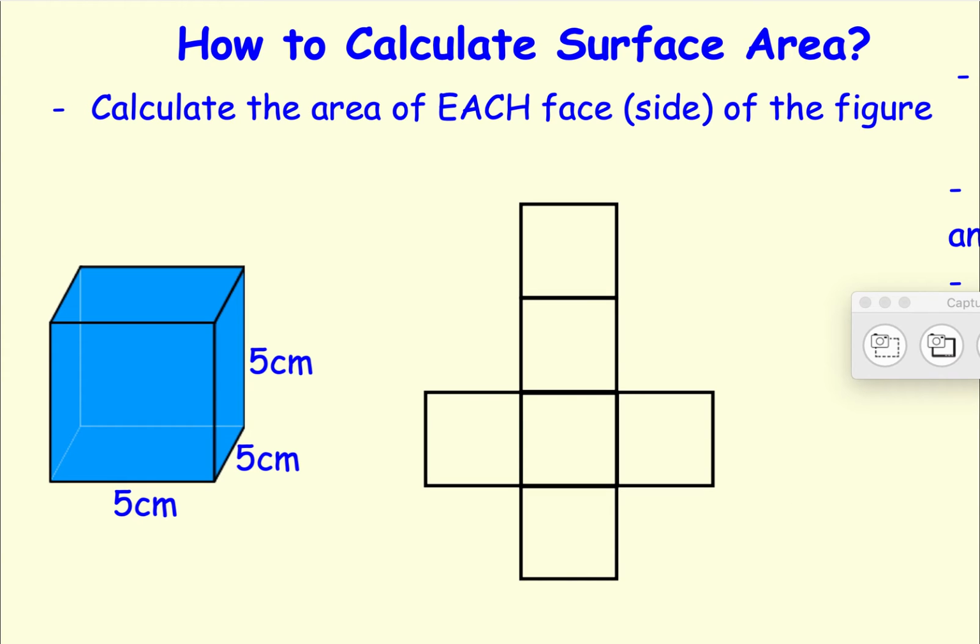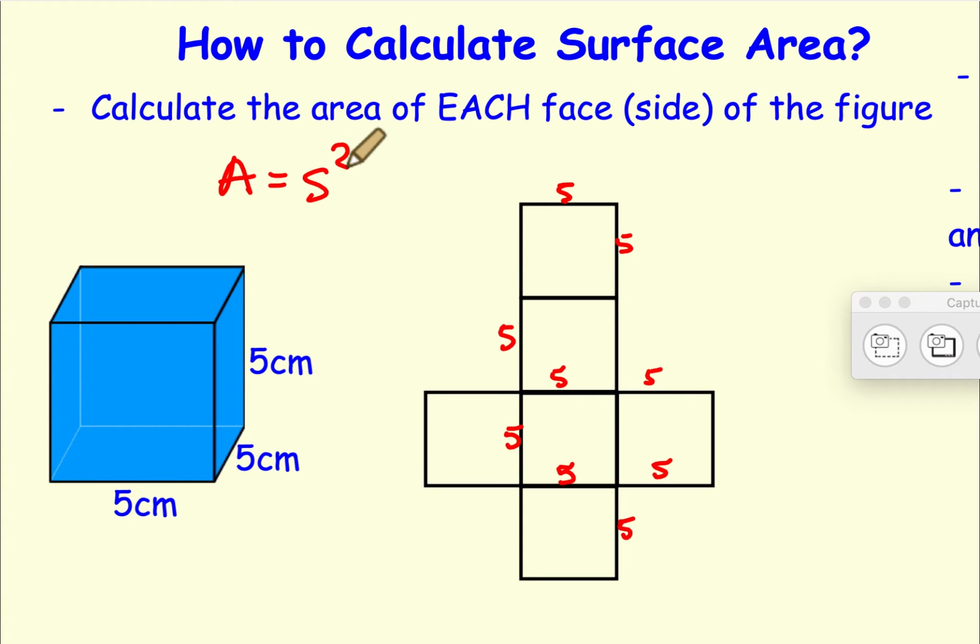And what we know is that because this is our base, each side is 5. And because these are all squares, all of them are going to be 5 by 5. So if I wanted to figure out the area of a square, we know that the area of a square is side squared.